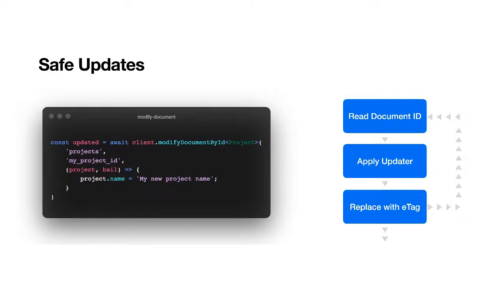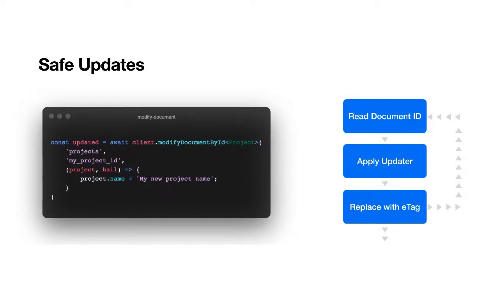REST APIs solve this with versioned resources using e-tags, and Cosmos works exactly in this way. So we wanted to bring this behavior to every single API, every single place where we were pushing changes for a document, and retry in case we got an error with the e-tag. So we modeled this high-level tool, modify document by ID, that would help us in those scenarios. It works just by receiving the collection name, the document ID, and an updater function.